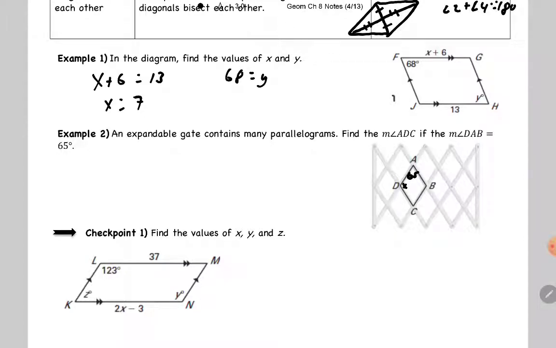Those two angles are next to each other, so the angles add up to 180. So I just subtract 65 from 180, and we'll get 115.